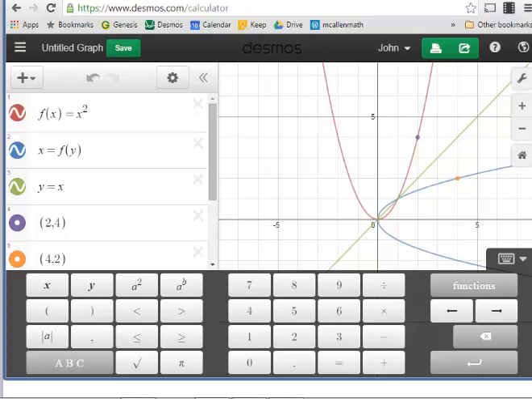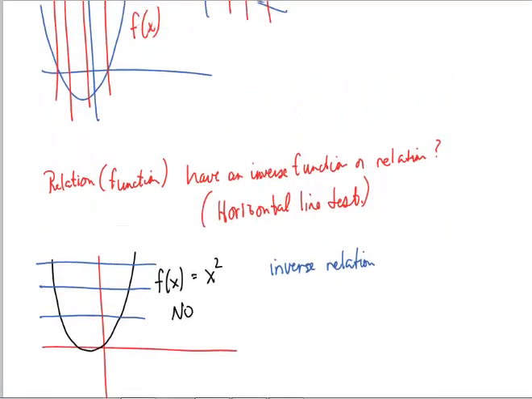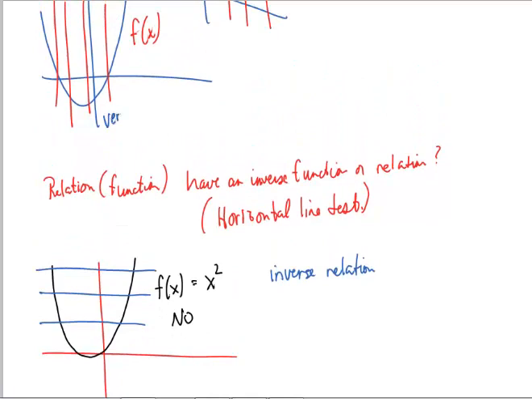So instead of having to do all that switching of pairs, you just switch the test. Instead of the vertical line test for a function, which we still use to test for functions, we now use a horizontal line test to identify quickly if our graph will have an inverse function.